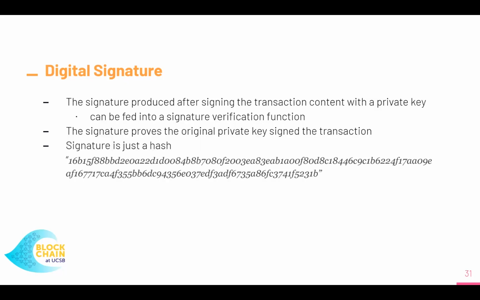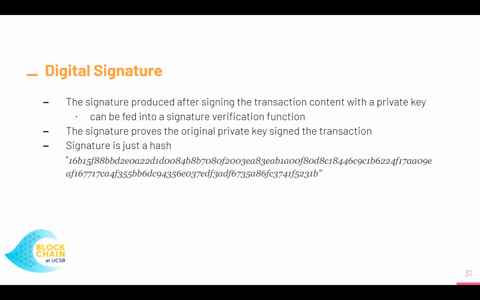Digital signature, we talked about this before, right? And we can feed this long string of bytes into a signature verification function. And what that'll output is the origin of the transaction. So who actually sent this transaction, right?